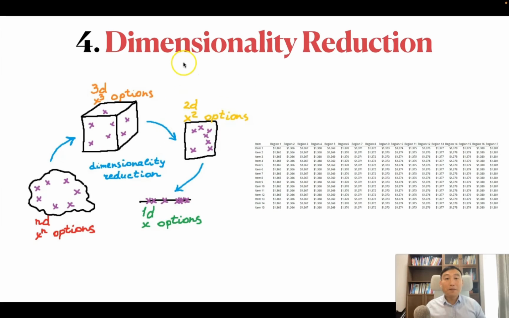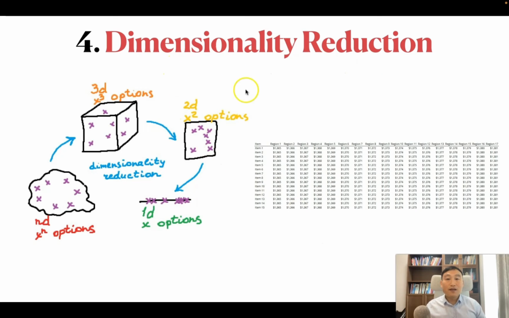Problem number 4, dimensionality reduction. The process of machine learning is to use input variables to calculate an output. Among all the input variables, which ones are the most useful one? Maybe some of them are just noise and should be removed.